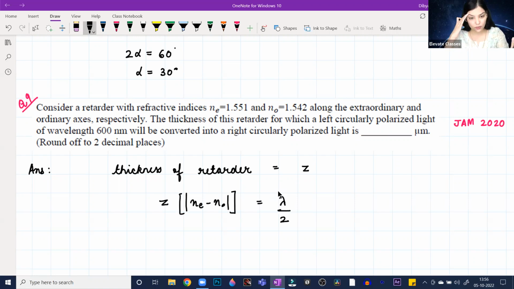This was the formula that we have been discussing from the last two classes. So this is the optical path difference.